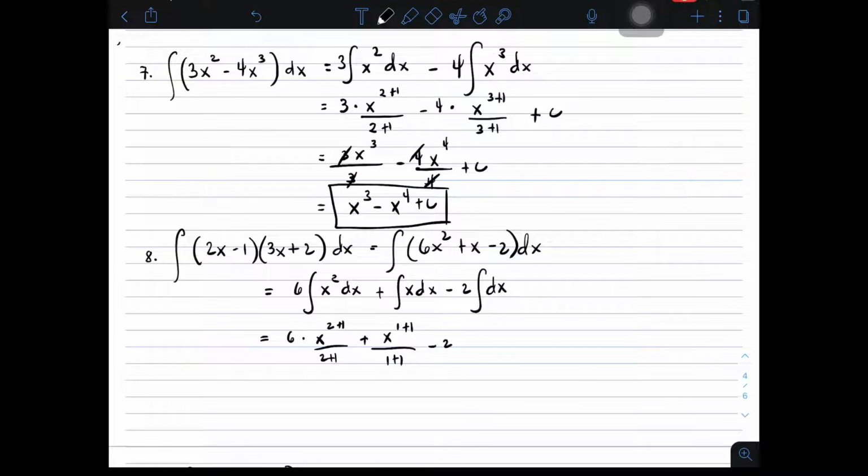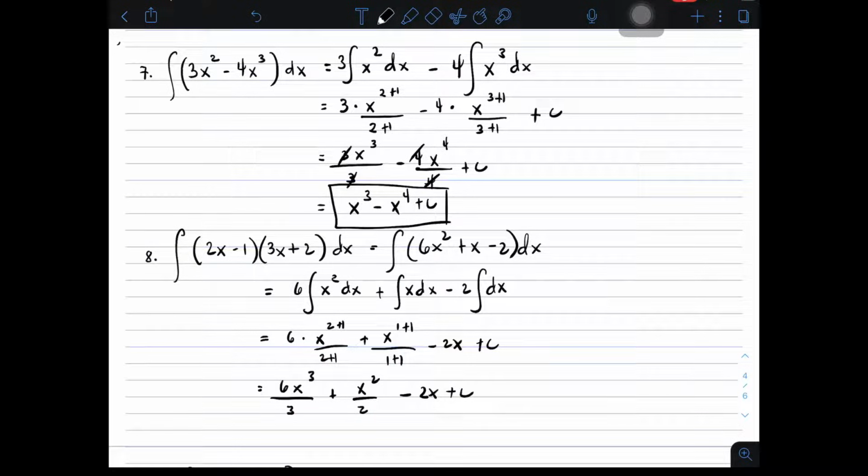And then minus 2. Alam natin na integral ng ating dx is x. So, okay na yung ating third term. Plus c. Simplify na natin yung first term and second term natin. So, you have here 6x cubed over 3 plus x raised to 2 over 2 minus 2x plus c.